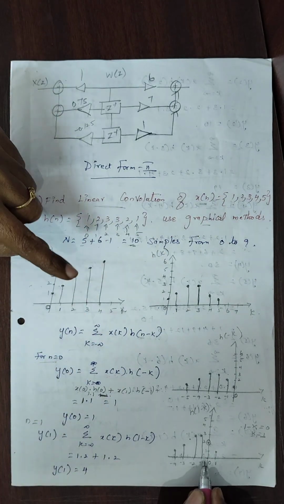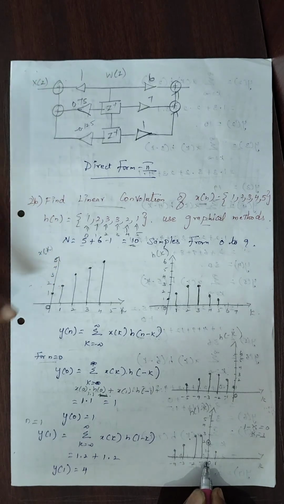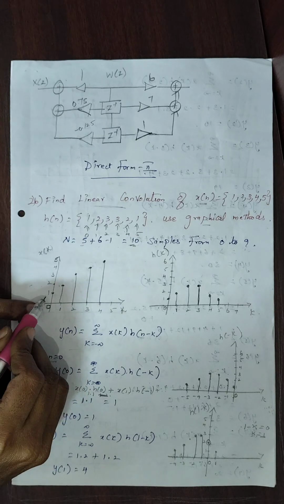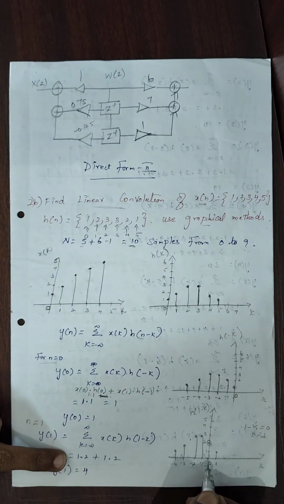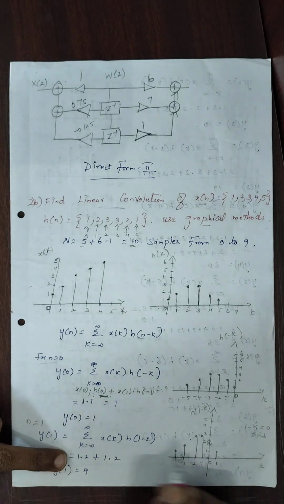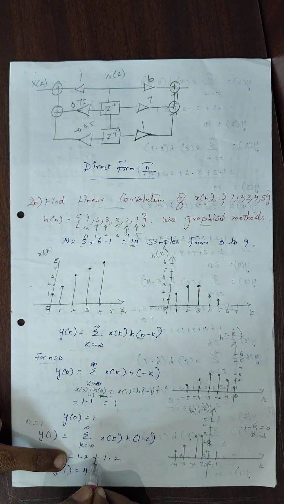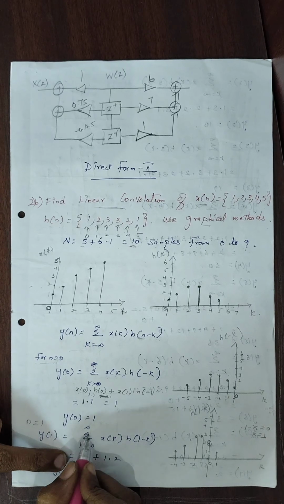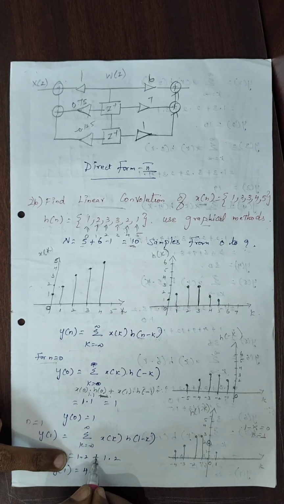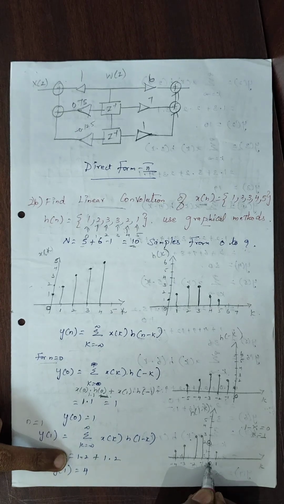First x of 0. For x of k, for x of 0 the amplitude is 1, so 1 dot, and for h at 0 the amplitude is 2, so 1 dot 2 plus. Why are we putting the plus symbol? Because it is a summation. Then x of 1. What is the value for x of 1?